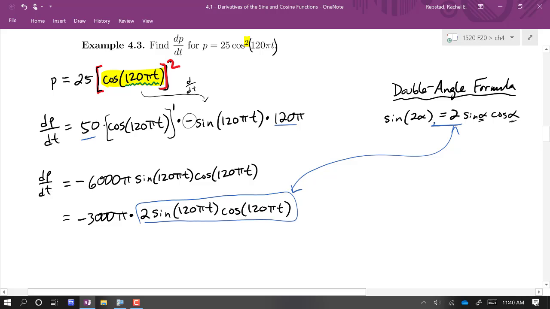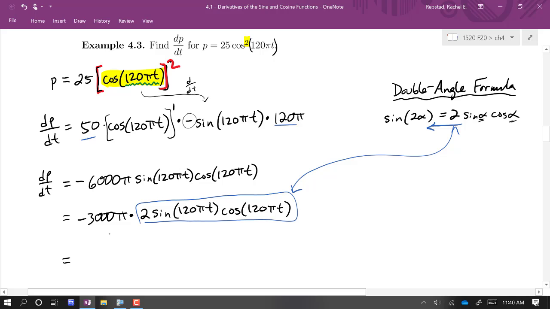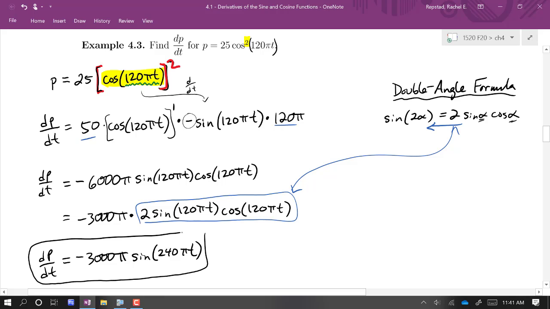So we're using this identity in that direction. I can replace that with sine of 240 pi t. So we end up with minus 3,000 pi sine of 240 pi t. This is generally considered more simplified because I can write it using just one trig function instead of two.